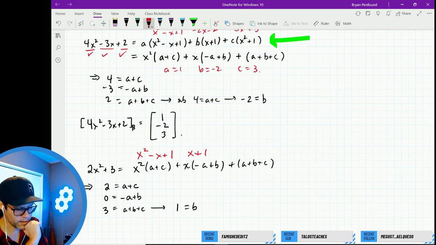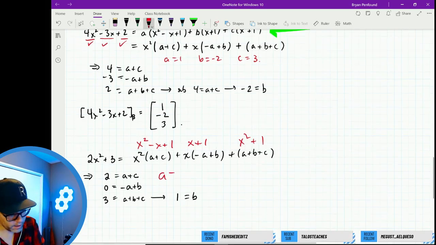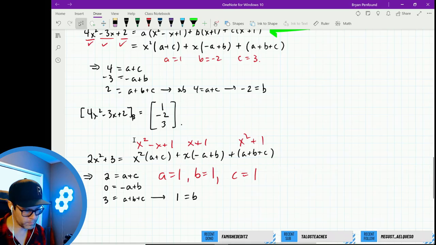Now our 0 x's are taken care of. We need 1 more x squared, so c must be 1. That's going to give us x squared plus 1. Does that give us our 3? Yes, it does. Okay, so I'm happy with that. So what did we decide on? We needed a to be 1, b to be... oh, they're all just 1s, and c is 1. So everything is 1.